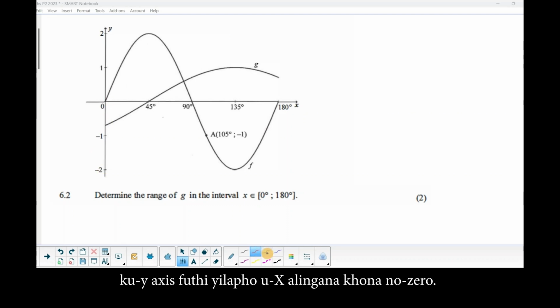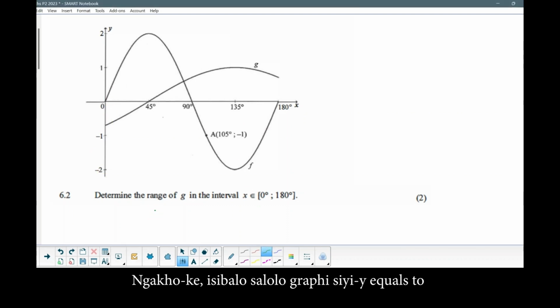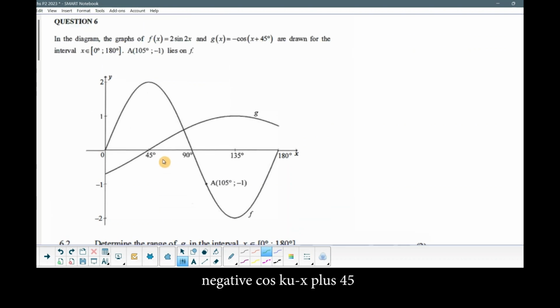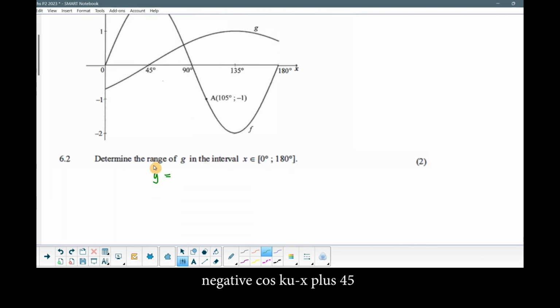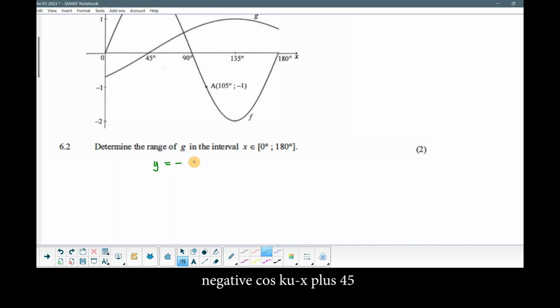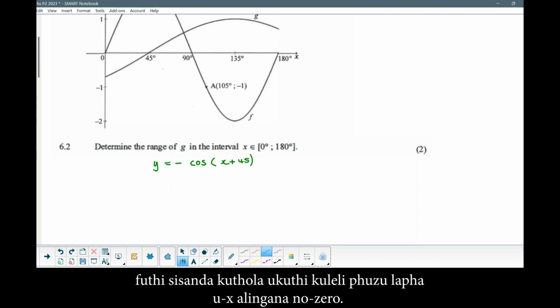What I do know is that this minimum happens to be on the y-axis, and that's where x is equal to 0. So the equation of that graph is y equals negative cos of (x plus 45), and at this point x is equal to 0.